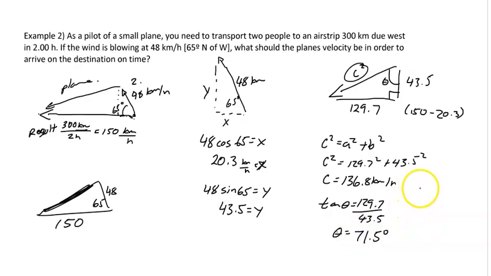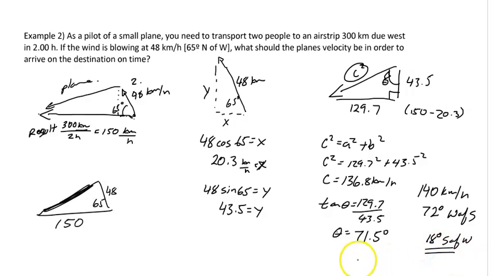And so putting this together to two digits is going to be 140 kilometers per hour at 72 degrees, and that is going to be west of south, based on the way we've drawn this. Now, if you would have done this 18 degrees south of west, would have been just as sufficient.